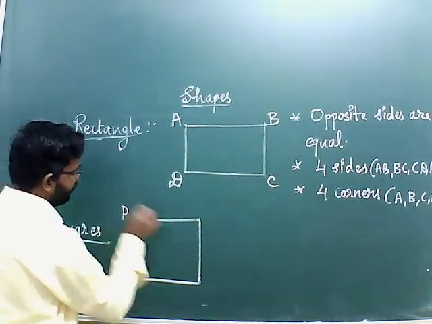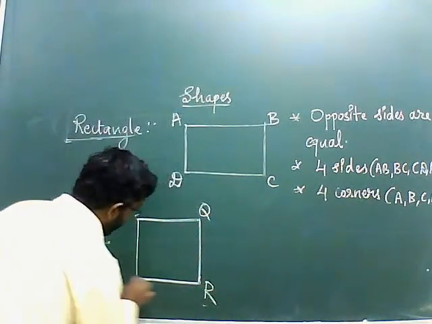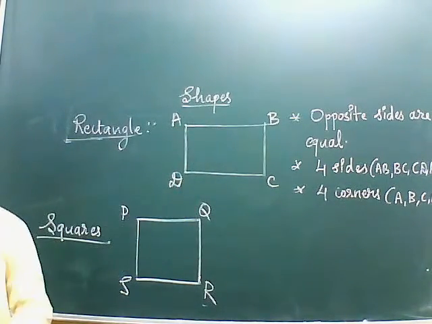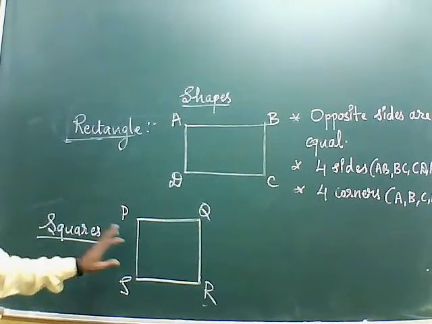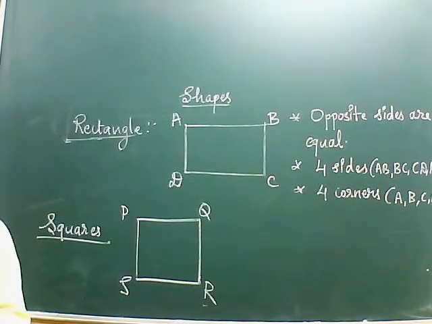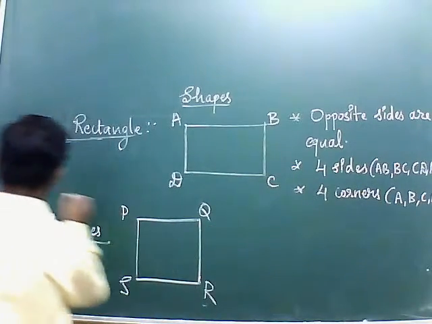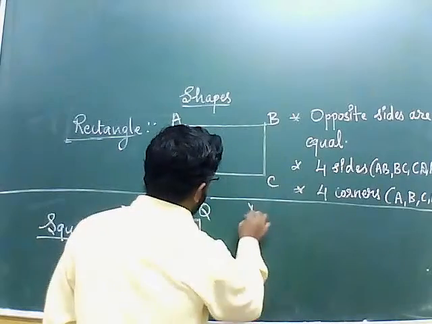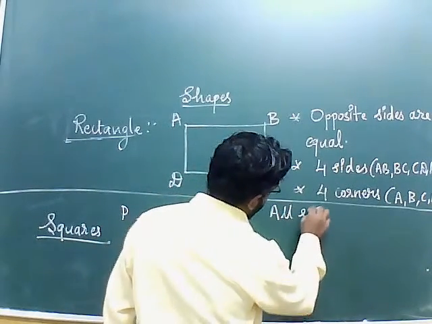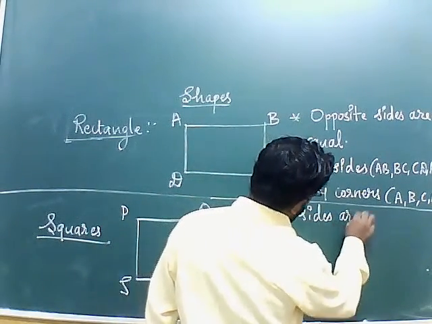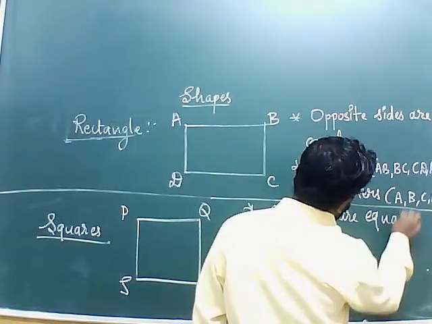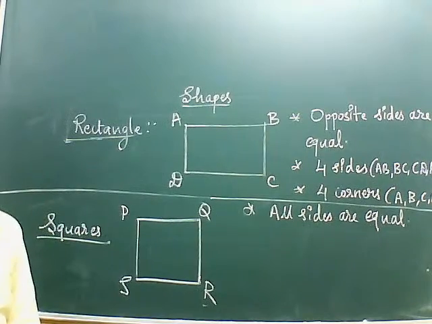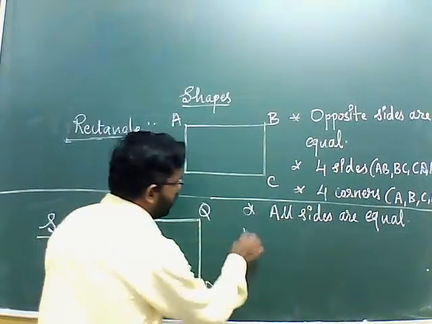Let us name it P, Q, R, S. In a rectangle opposite sides are equal, and in case of a square, all sides are equal. So let us write for square: all sides are equal.